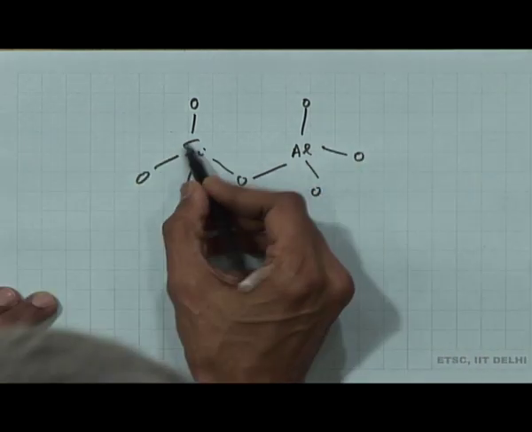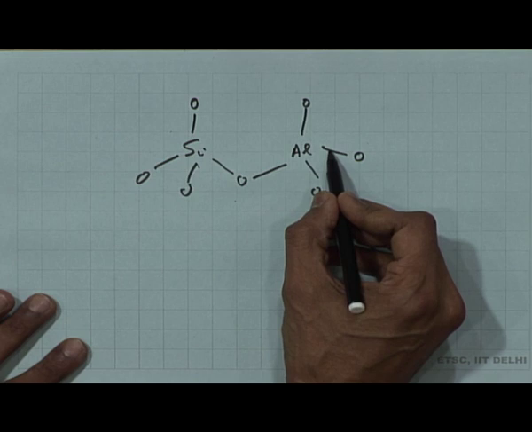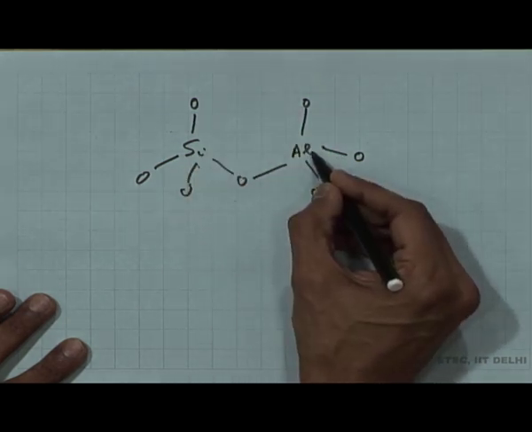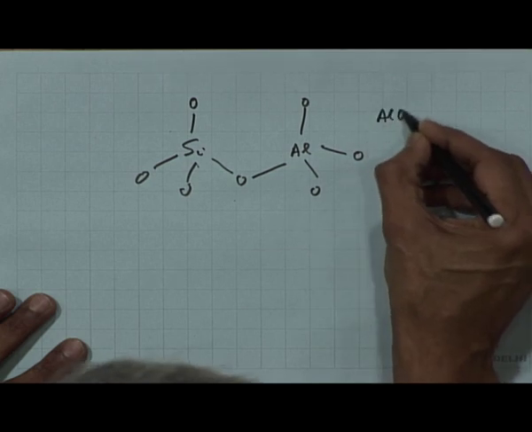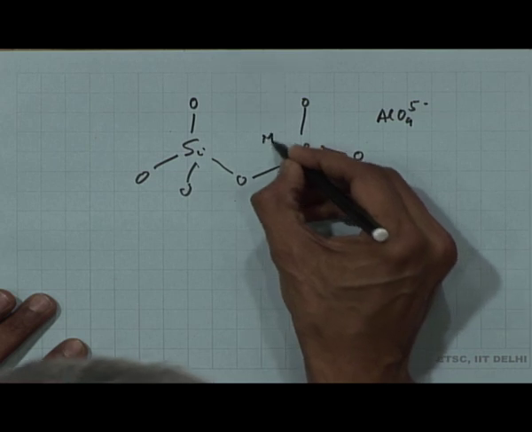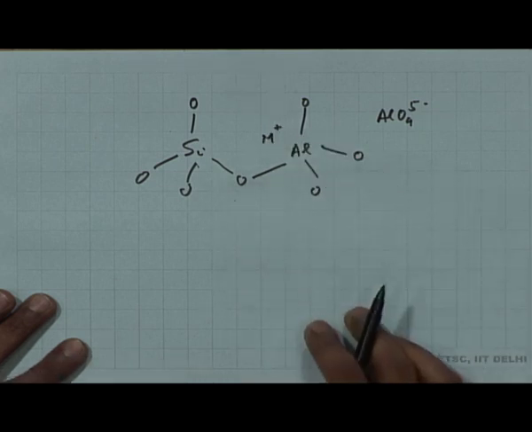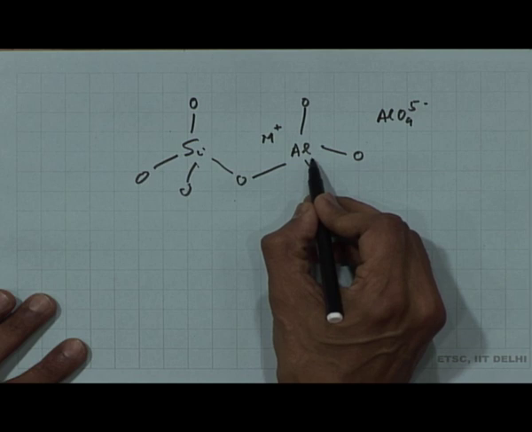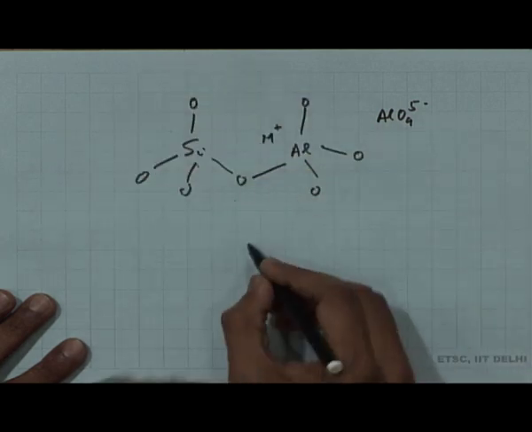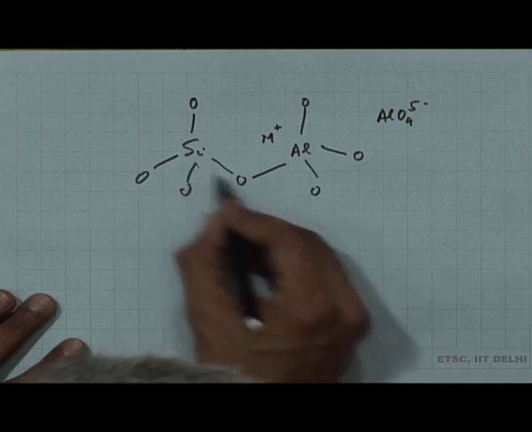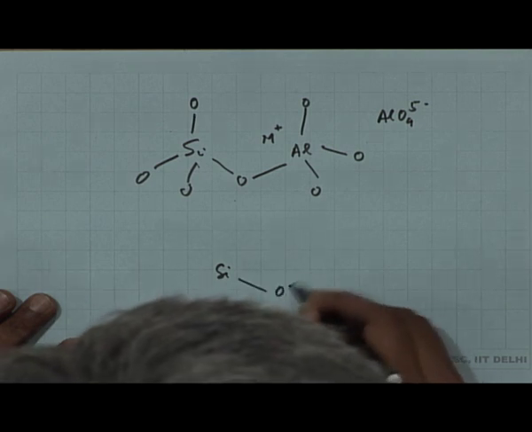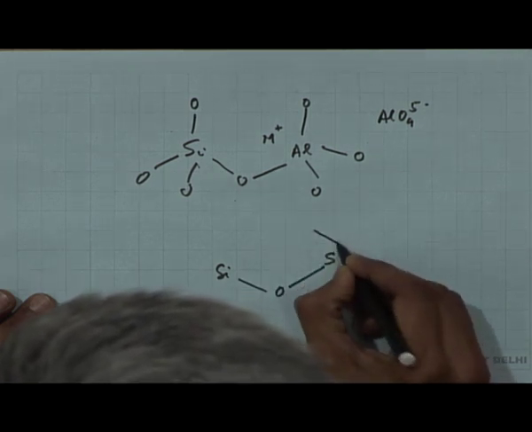So, when there are only silicate tetrahedra, there is no charge essentially, but the moment you have this, you saw that it is AlO4 5 minus. So, this has to be balanced by a positive charge. So, you have a metal along with this. So, this now can form cages. So, you could have cages like this, where you might have already encountered this in some form.